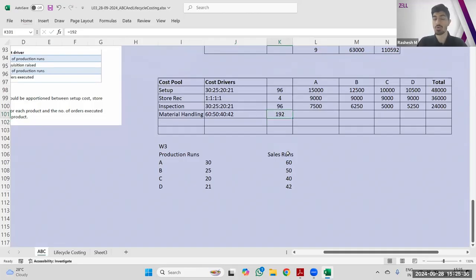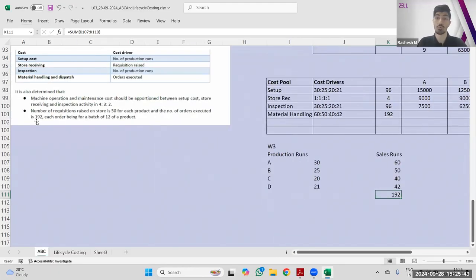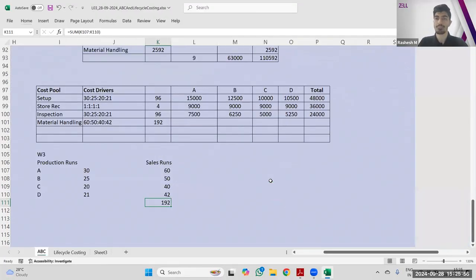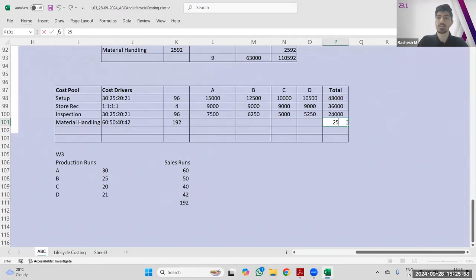Now, it could have been a tally if I wasn't sure, because this 192 has been given to me in the question. You can read number of orders executed is 192. So they had given us that hint so that in any case we got it wrong, we could have always totaled it. Correct? So for this small 2592 cost, we have to do this effort, but accuracy comes at that cost. So it's worth it. And we will now tackle it.